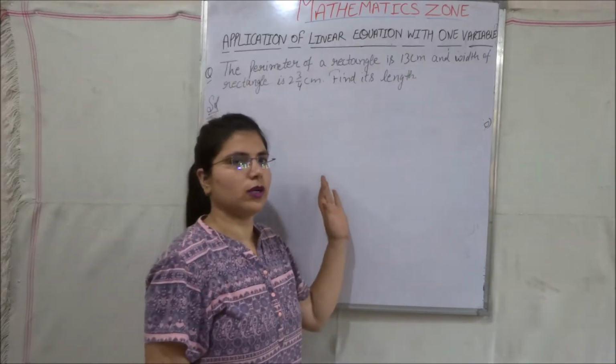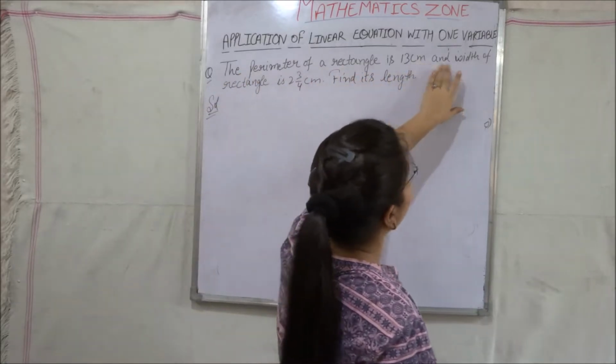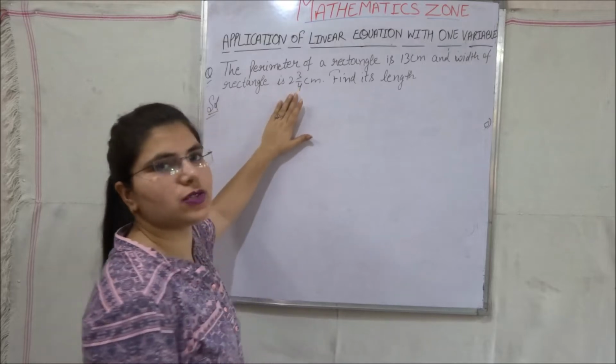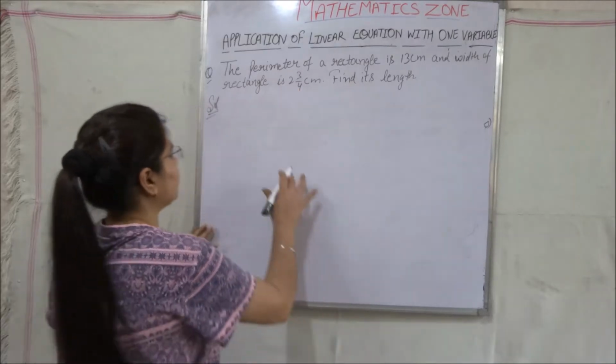Now let's do the third question. The perimeter of a rectangle is 13 cm and the width of the rectangle is 2 3/4 cm. Now find its length.